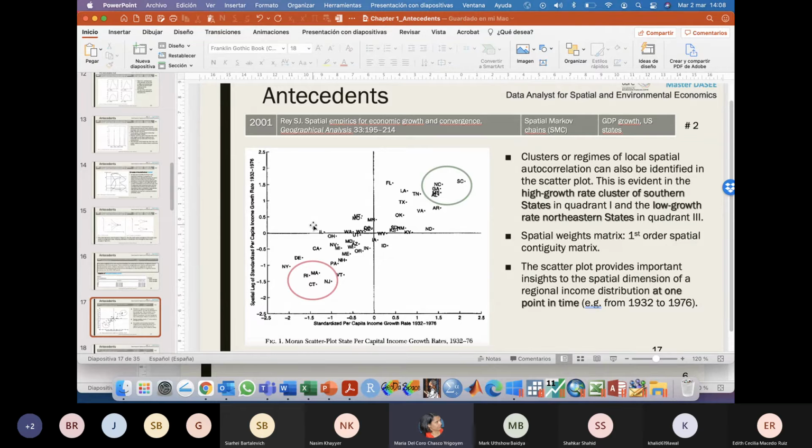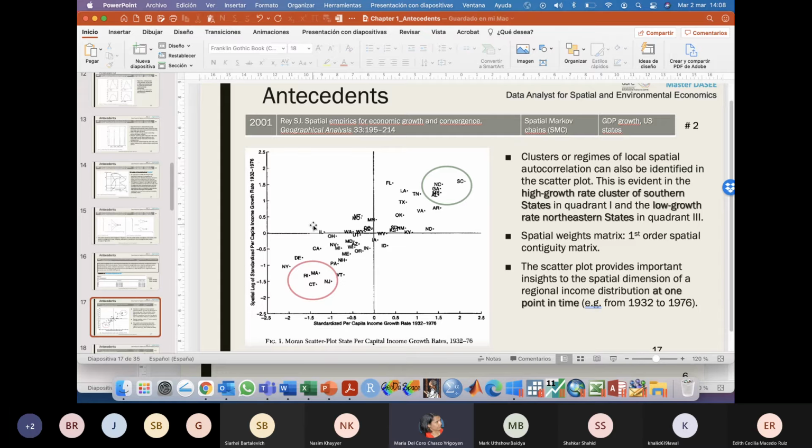And what Serge Rey proposed is using what is called a first order spatial contiguity matrix. That is, each state's neighbors are the ones that have a common border. So if you share a common border with me, you are my neighbor. This is the idea of computing neighbors.